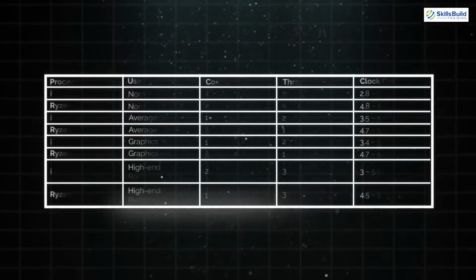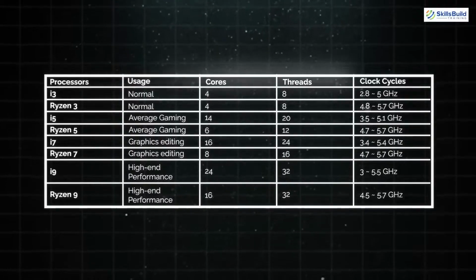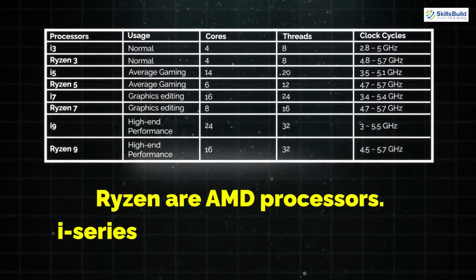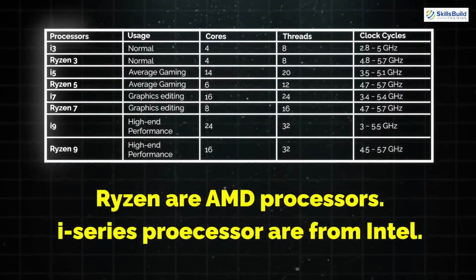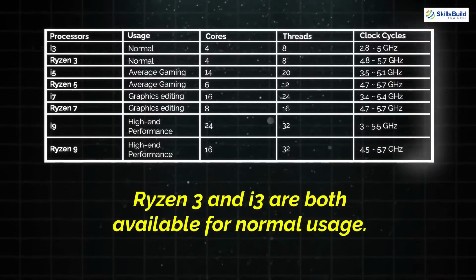I have mentioned the table in which you can see that there are different processors arranged according to the usage along with the clock speed. Ryzen are AMD processors. I-series processors are for Intel. Ryzen 3 and i3 are both available for normal usage.